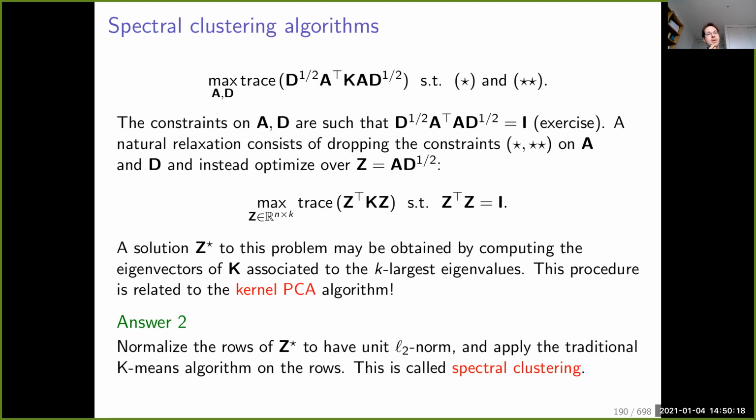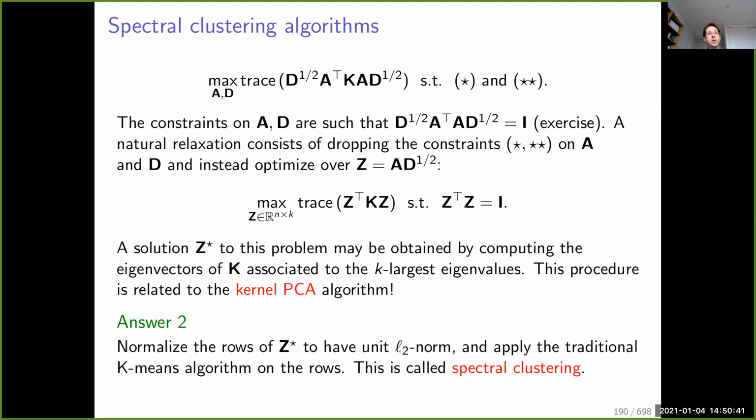So we did things that were pretty complicated to, at the end, obtain something very simple. Spectral clustering is the same as doing kernel PCA, representing your data points as low dimensional vectors, and doing the regular k-means algorithm on these low dimensional vectors.